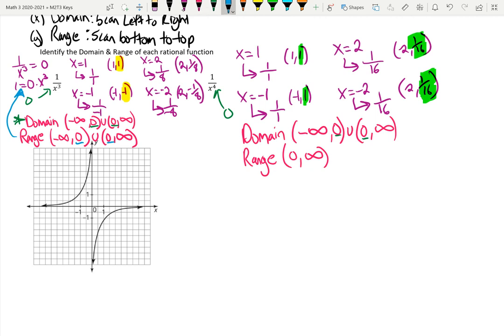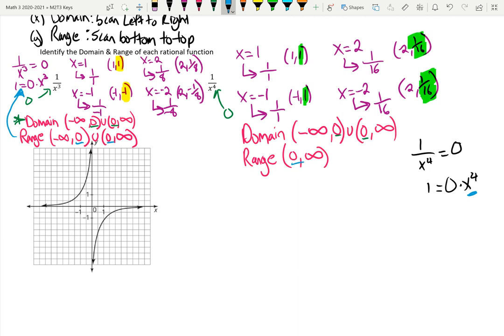The reason is that if I try to figure out 1 over x to the 4th, what number produces 0, if I multiply both sides, this is not going to happen. There is no number that produces my 0. Notice also, there are no negative outputs.